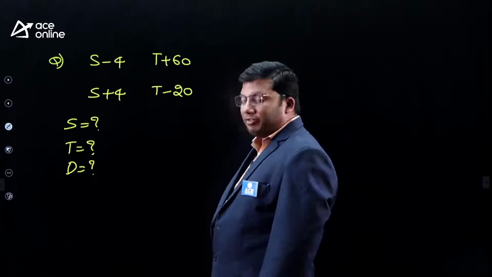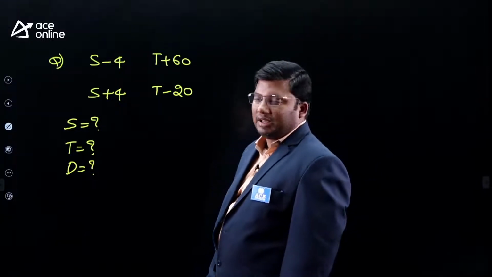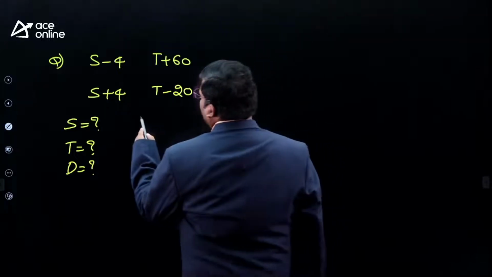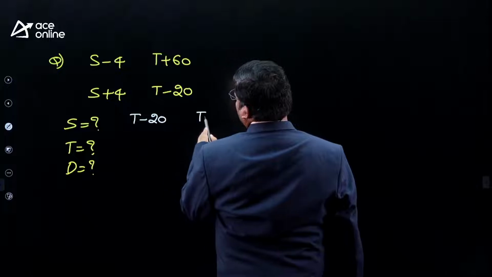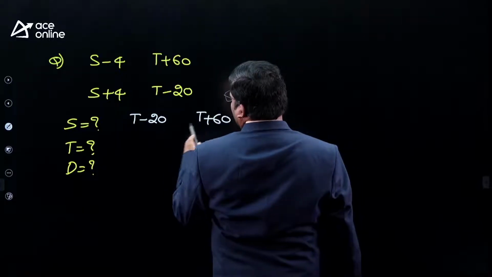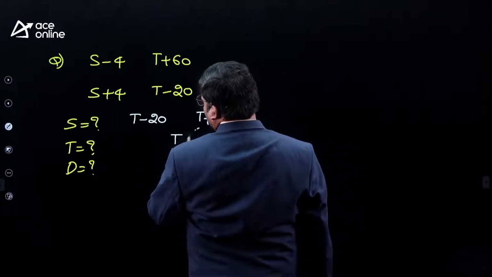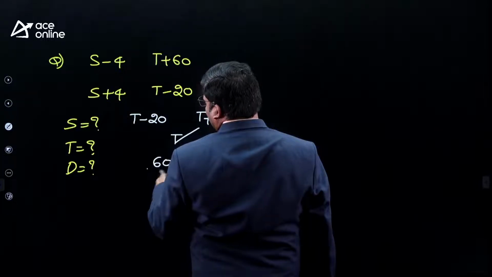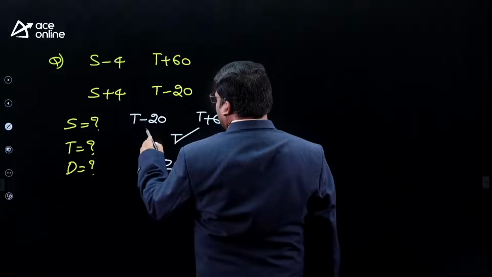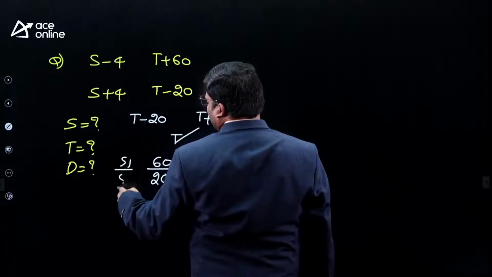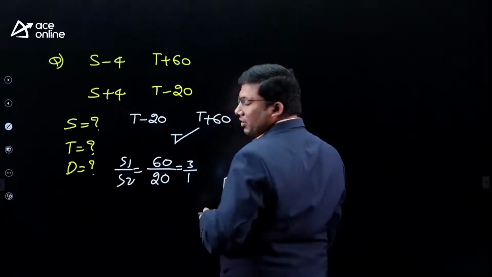Speed increased by 4, time decreased by 20 minutes: S plus 4, T minus 20. Now the lowest time is T minus 20 and the highest is T plus 60. The average is T, so the ratio is 60 by 20, which is 3:1.